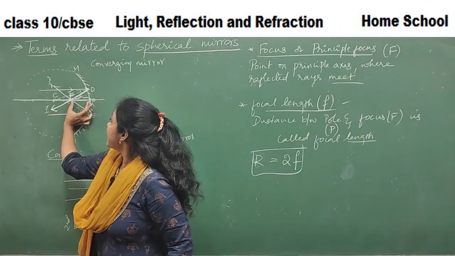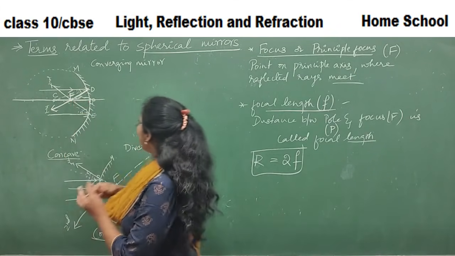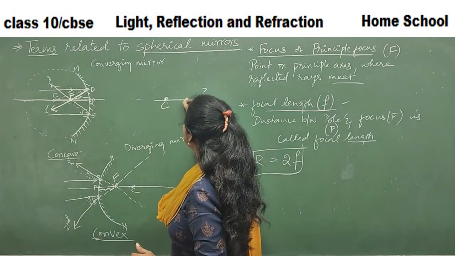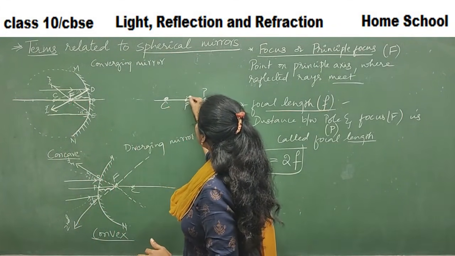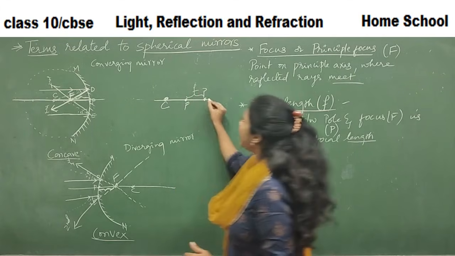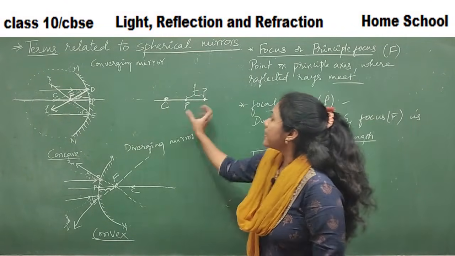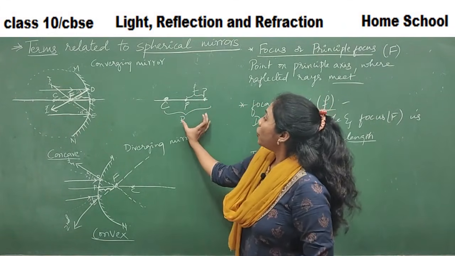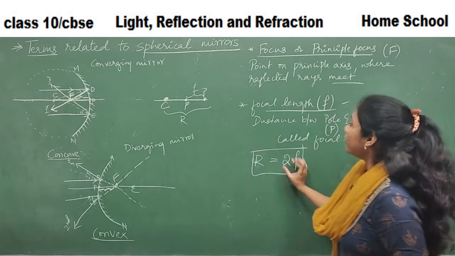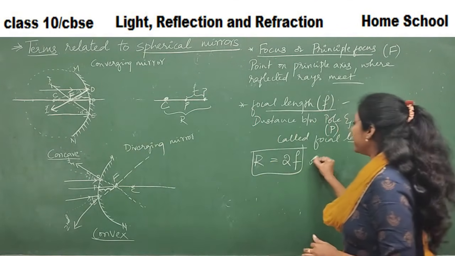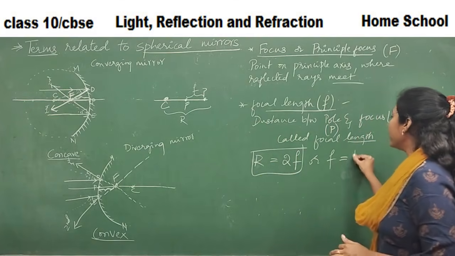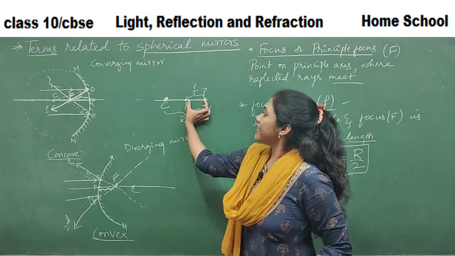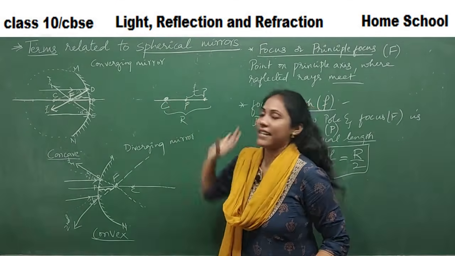Say if I draw here, this is the pole, this is the center of curvature, this is the focus. So this length is what we will call the focal length. And this length is what? Radius, right? So radius is equal to 2 times the focal length, or I can also write focal length is equal to radius by 2, half of the radius.